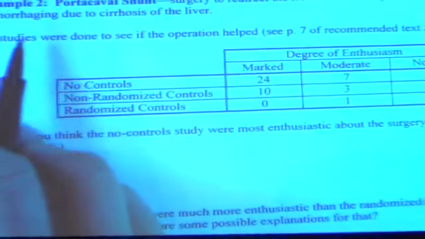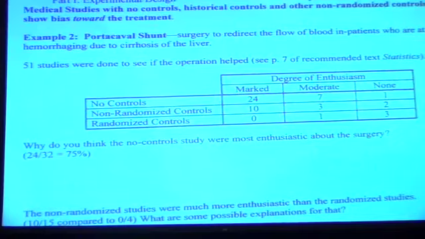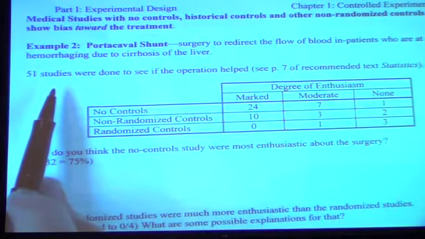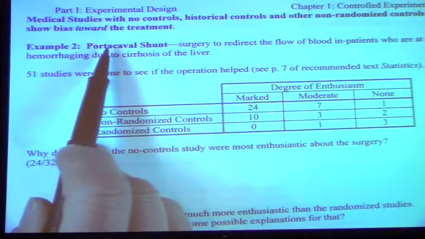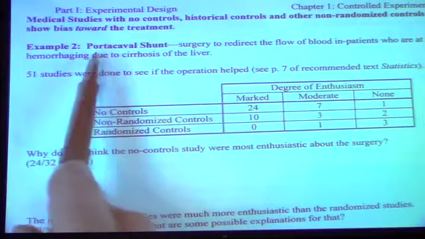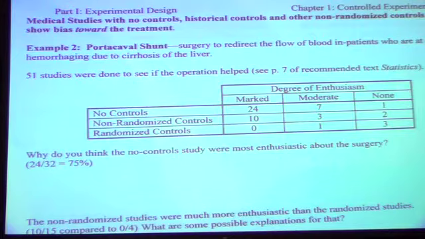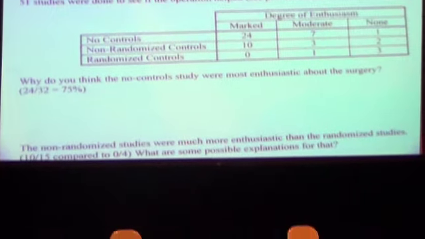All right, so here is a study. Actually, it's a meta-analysis. It's a study of other studies. So there were 51 studies done on this procedure, an operation, a very serious operation, to insert a portacaval shunt to redirect the flow of blood in patients who are otherwise at very high risk for hemorrhaging.